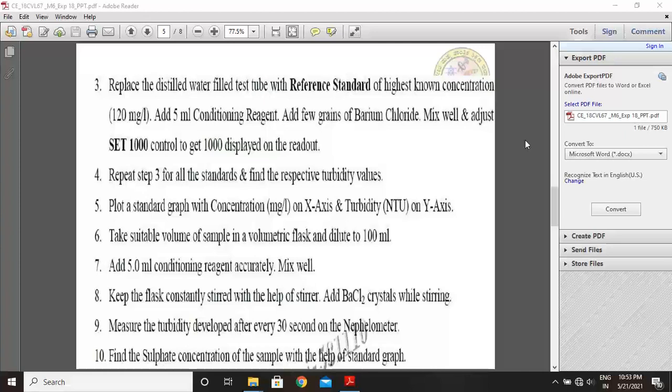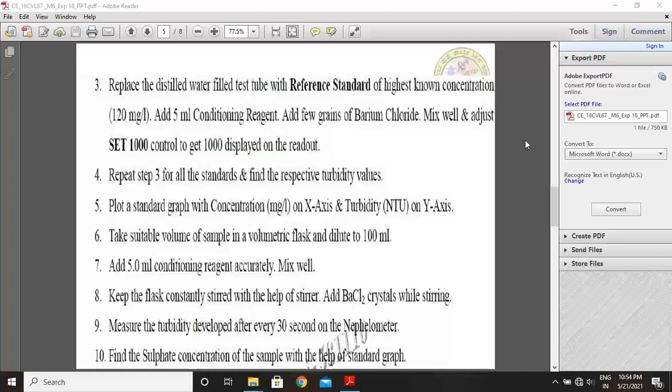Then add 5 ml conditioning reagent, add a few grains of barium chloride, mix well and adjust the set 1000 control to get 1000 displayed on the readout. This third step is also most important, as here we are doing the calibration of the instrument.